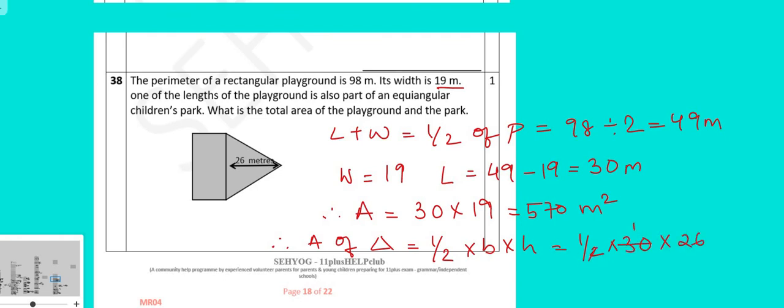After doing some cancellations, we get 15 multiplied by 26, which is 390 meters square. So now we have to find the total area.